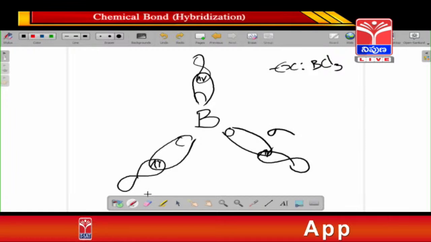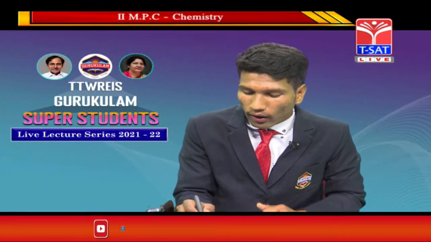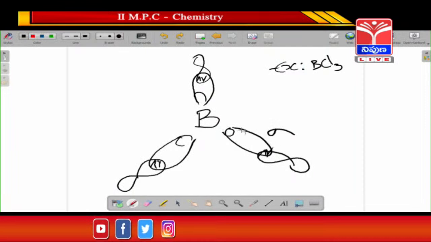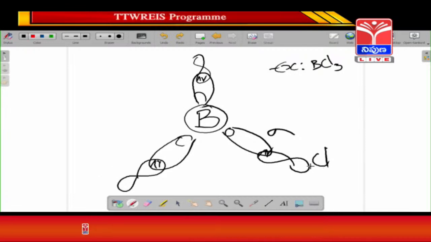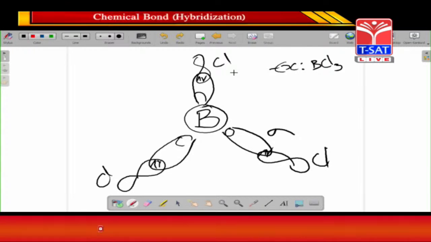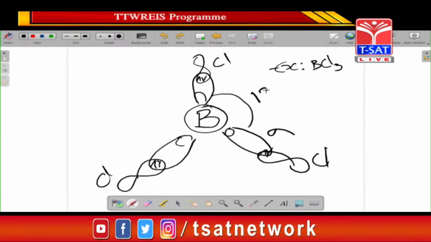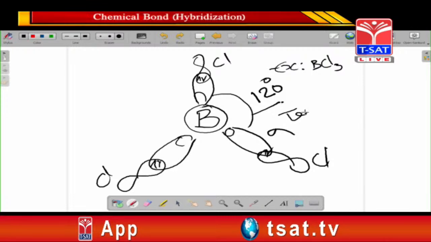Because we know that when atoms overlap linearly, a sigma bond is present. So here the sigma bond is between hybridized boron and chlorine, and here also chlorine. So there is a linear overlap between boron and chlorine. It gives the shape of 120 degrees. So the bond angle in sp2 hybridization is 120 degrees and its shape is trigonal.